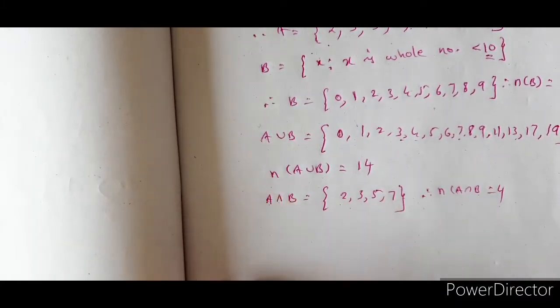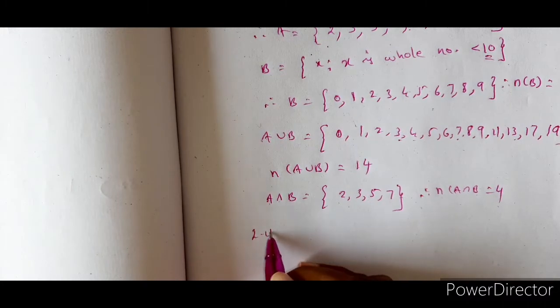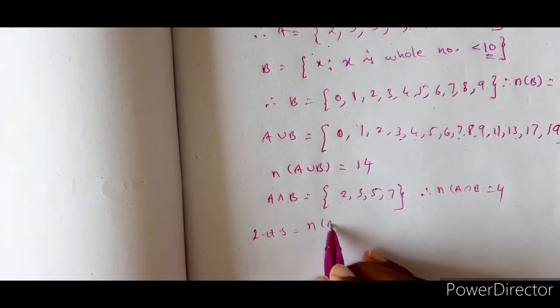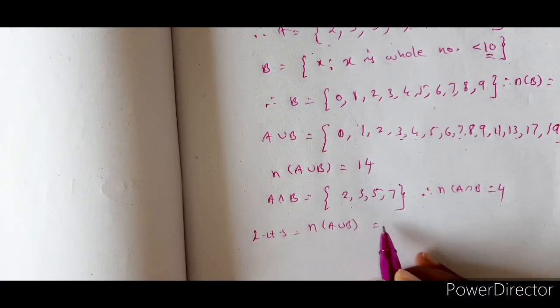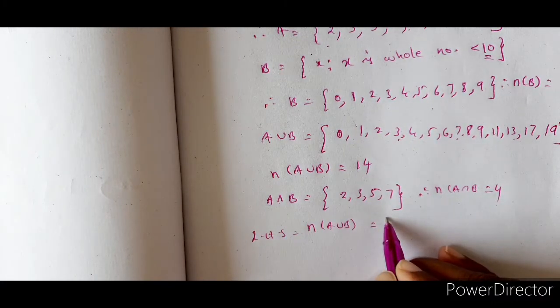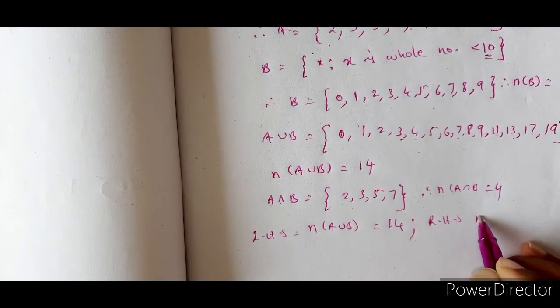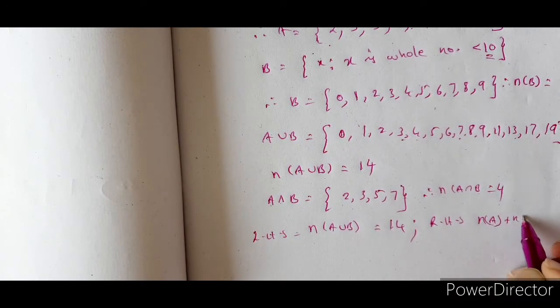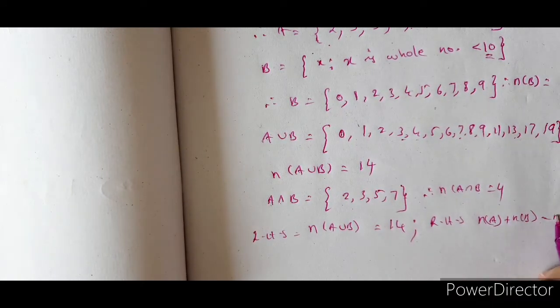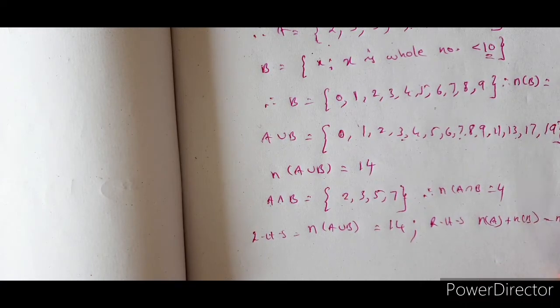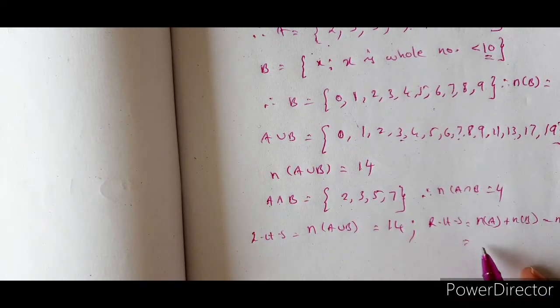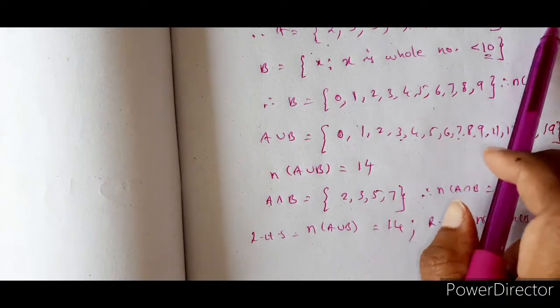Now, what we have to verify is LHS is equal to order of A union B, which is equal to 14. Now, RHS, what is he asking to prove? Order of A plus order of B minus order of A intersection B. What did we get?